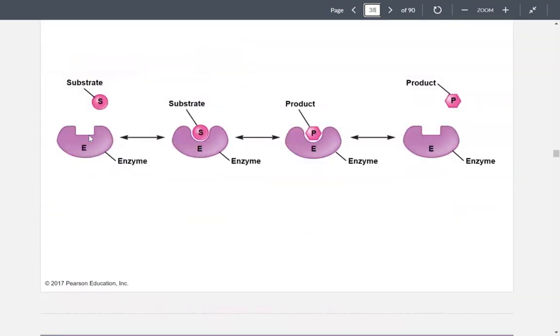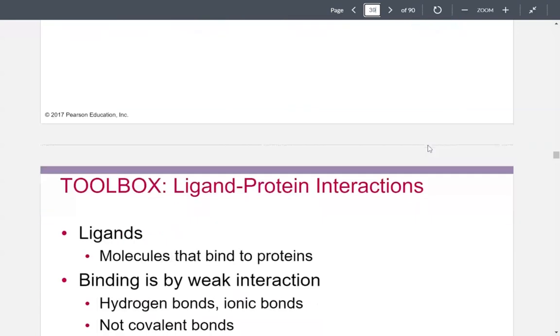Example here. Obviously, this fits better with the square, but a circular substrate comes in. It can bind to enough sites that it will then change its format to have the reaction spit out a product. And then it will go back to its original shape.